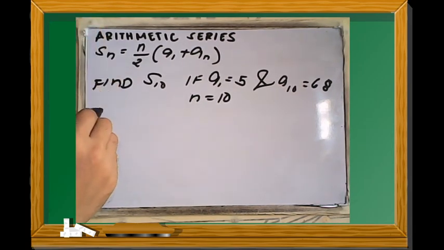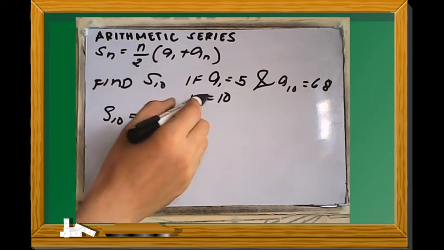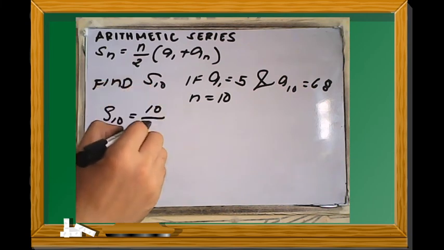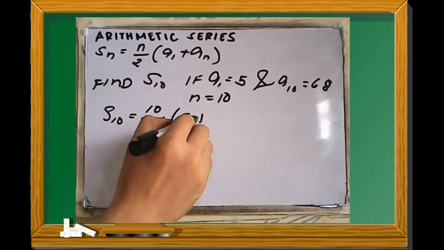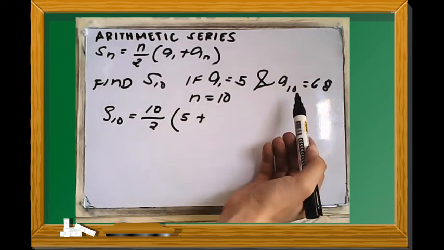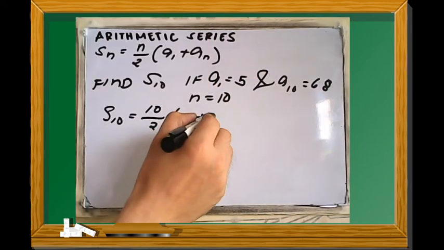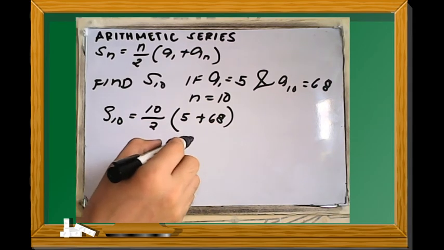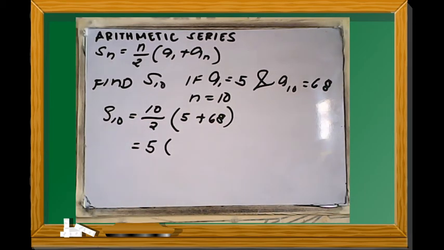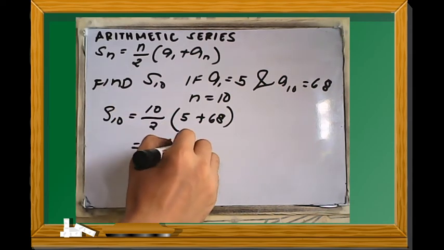So again, S sub 10 is equal to n, which is 10, divided by 2, multiplied by a sub 1, which is 5, plus a sub n, or a sub 10, which is 68.